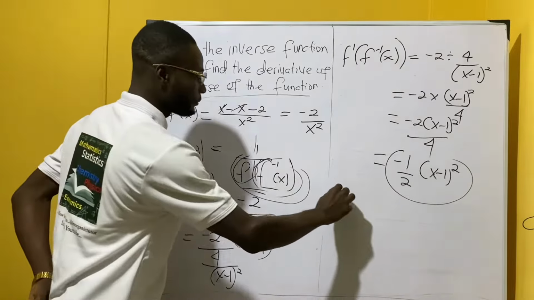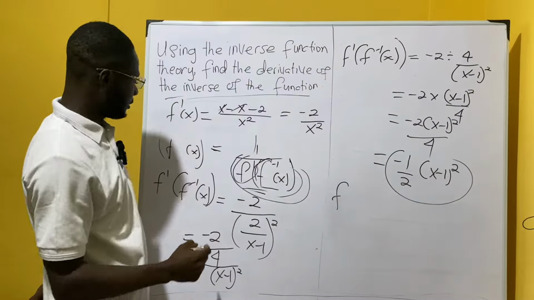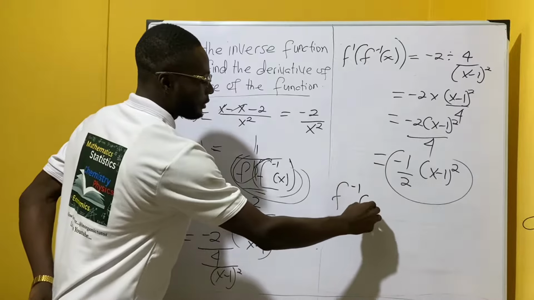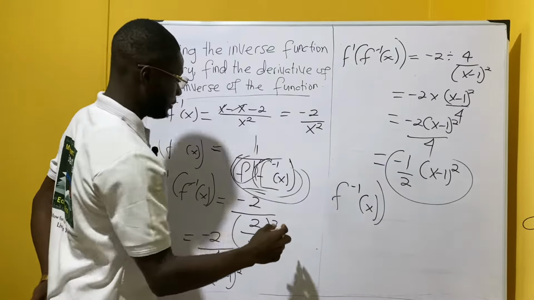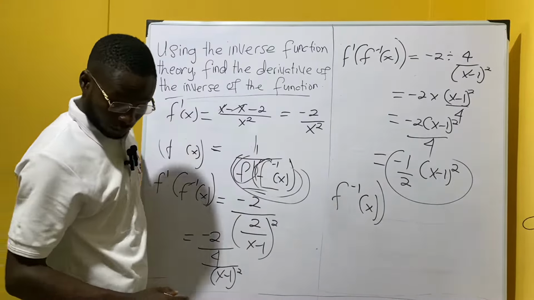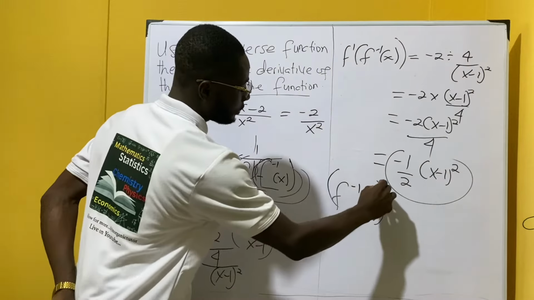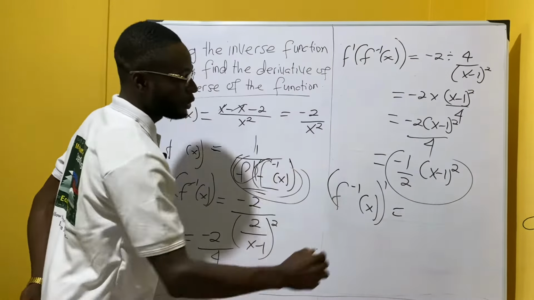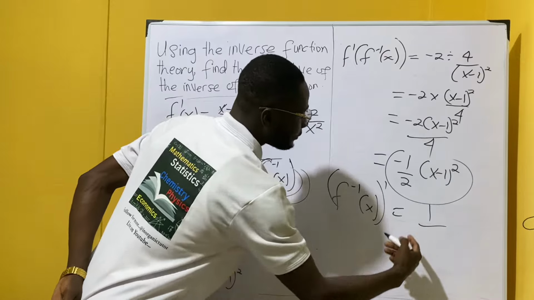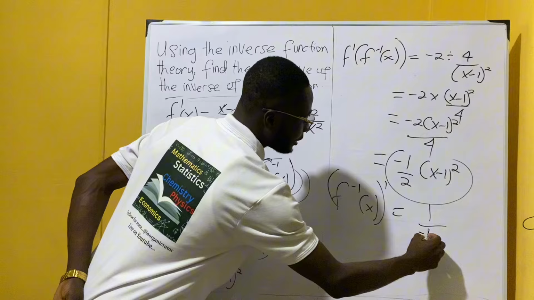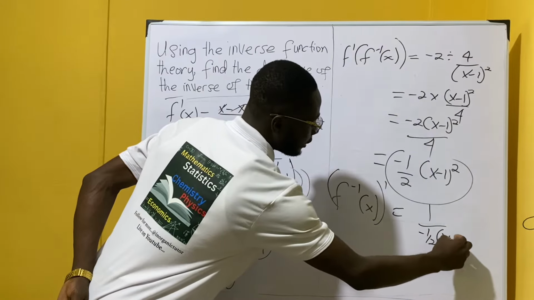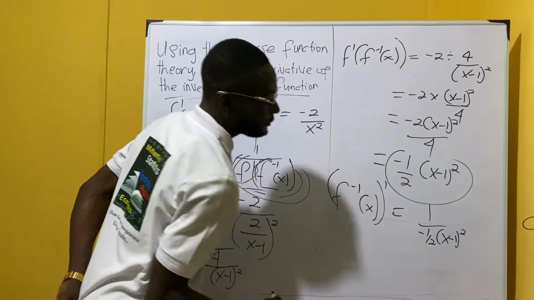So here we can say that this is equal to 1 over this, which is minus half x minus 1 all squared, right?